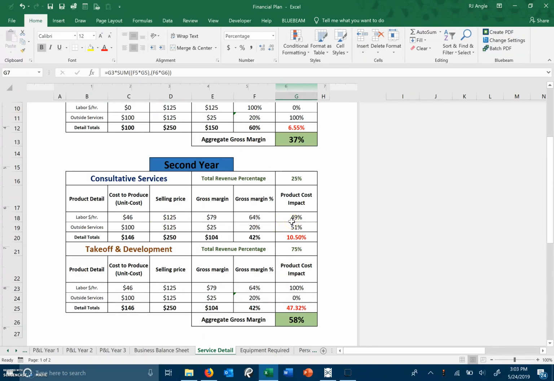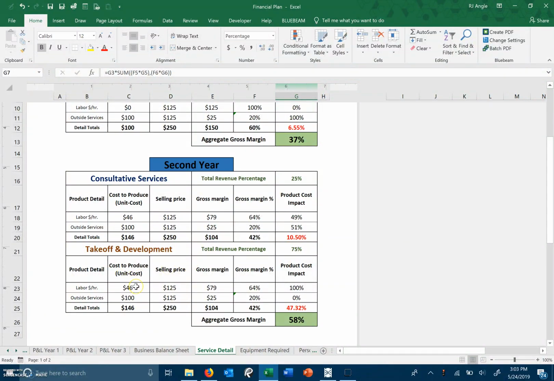And of that, this entire revenue stream is only 25% of my revenue generated. My gross revenue that's being generated is coming from consultative services. So taking that into consideration, I only have a company-wide gross margin impact of 10.5% to my business.